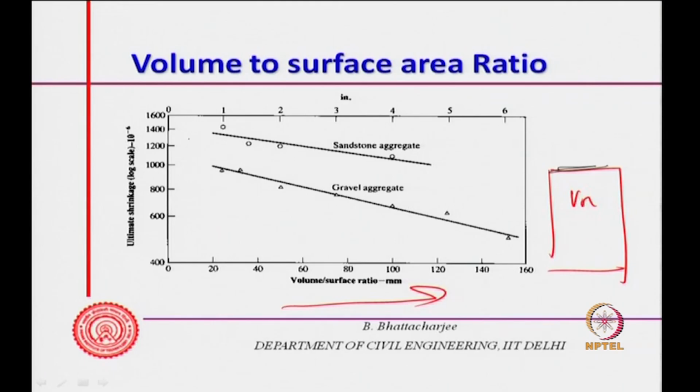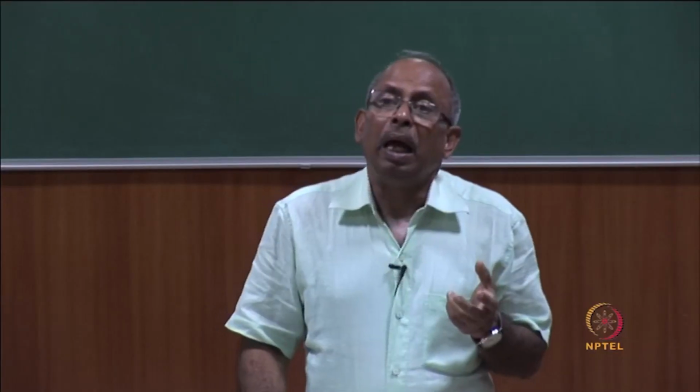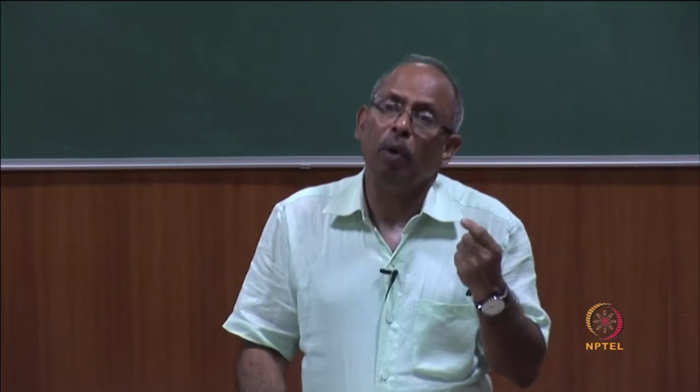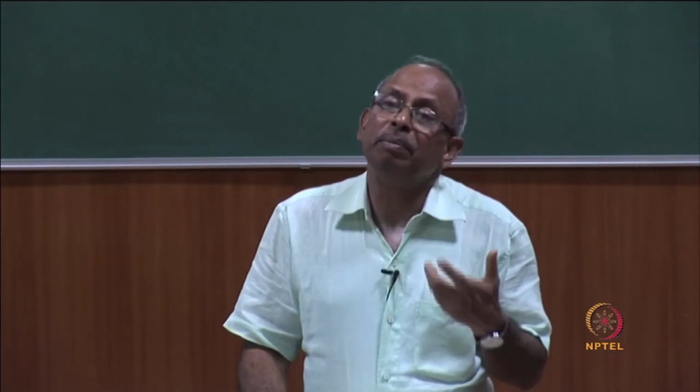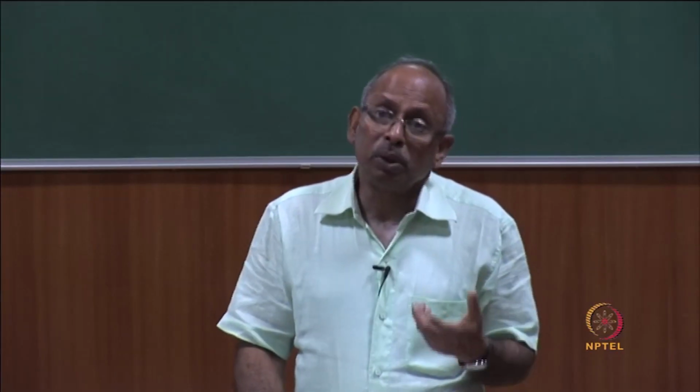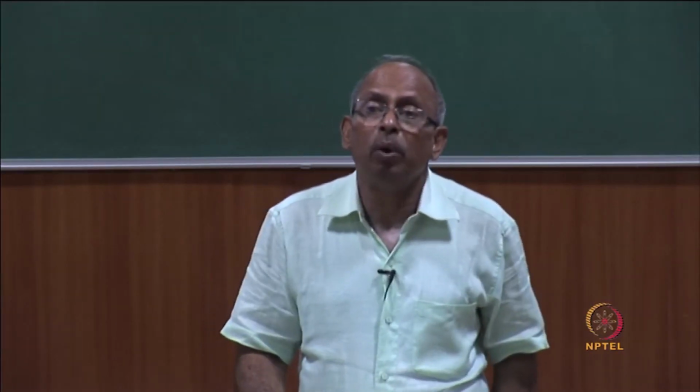This is important. Now, if volume to surface area ratio is large, it means I have got lesser surface area per unit volume. So, I will have less evaporation. When volume to surface area ratio is small, I will have more evaporation.